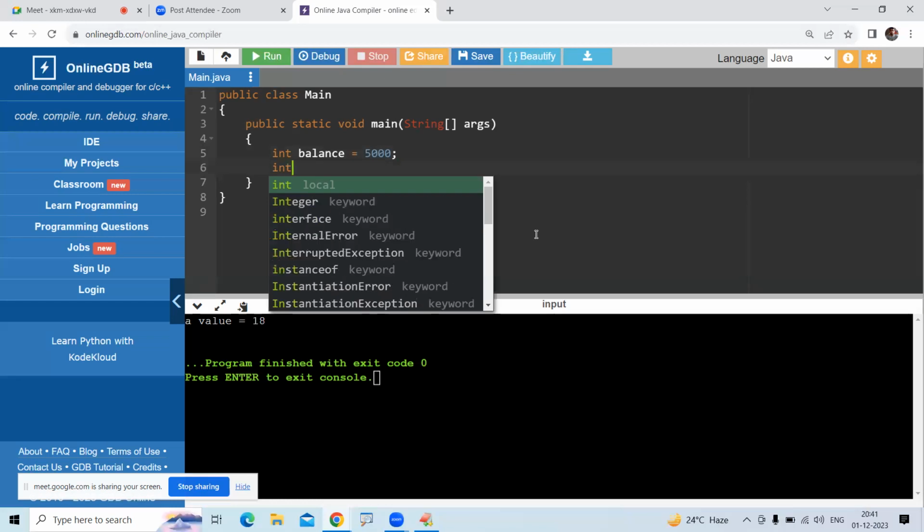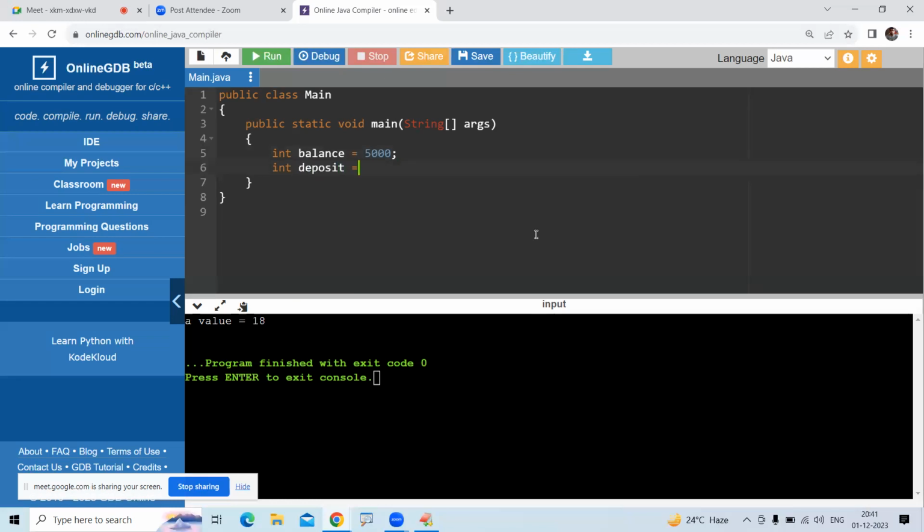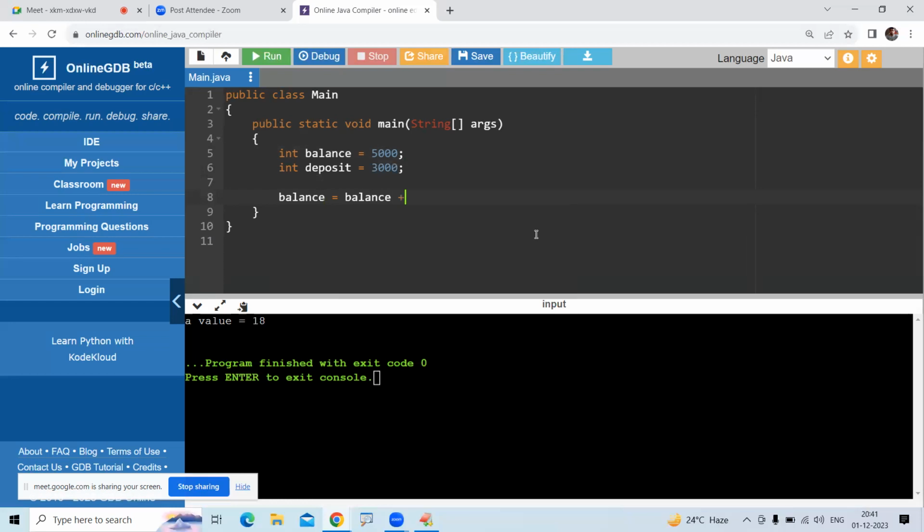Now I want to deposit 3,000 rupees into this variable. Deposit means that it will be added to the balance. Balance is equal to balance plus deposit amount.